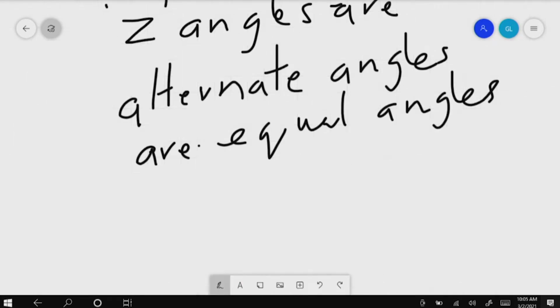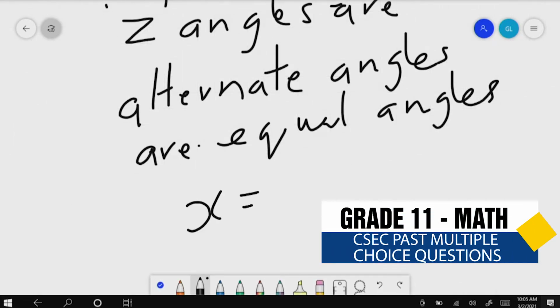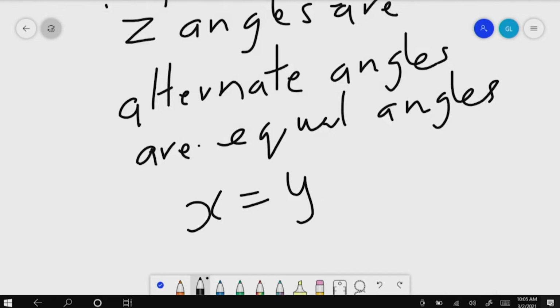Hence, the relationship between X and Y is that X is equal to Y. So our solution is A.